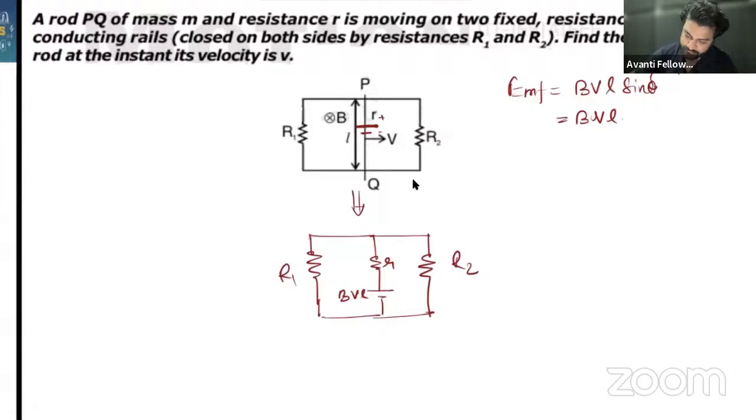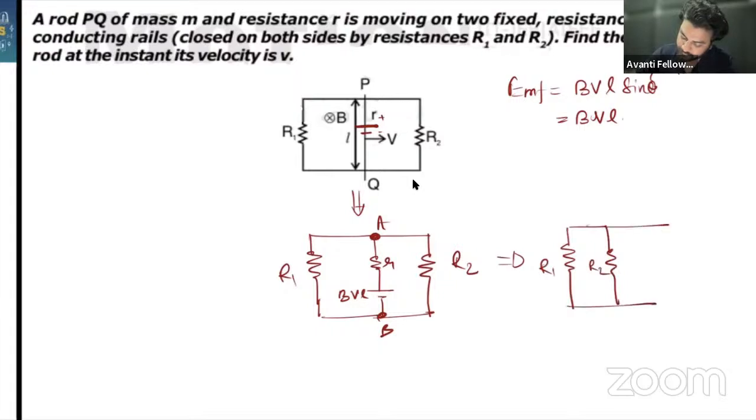If I redraw this diagram again, this point is A and this point is B. This resistance is connected over AB, and this is also connected over AB, so both are in parallel. So the simplest diagram is: this is R1, this is R2, this is r and this is BVL. Now it is easy to find current.